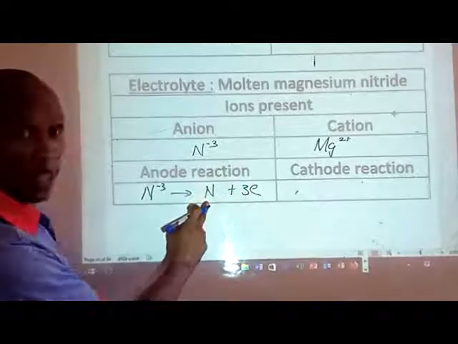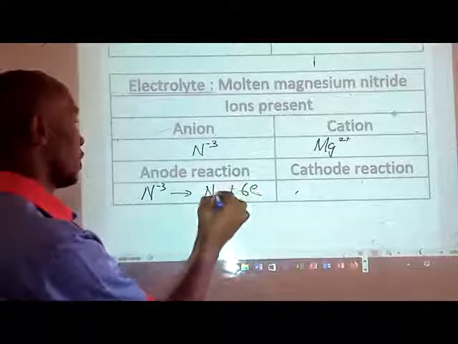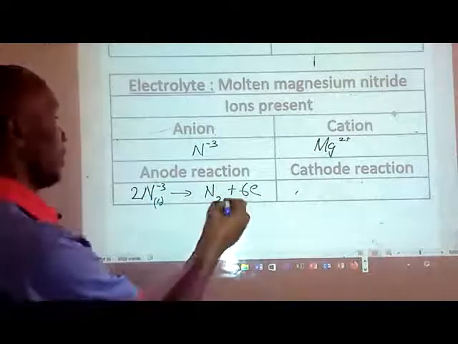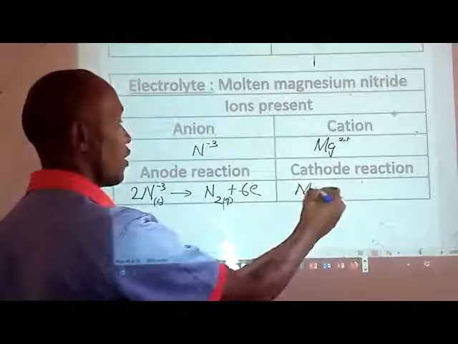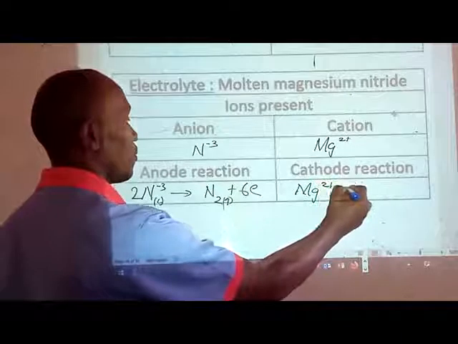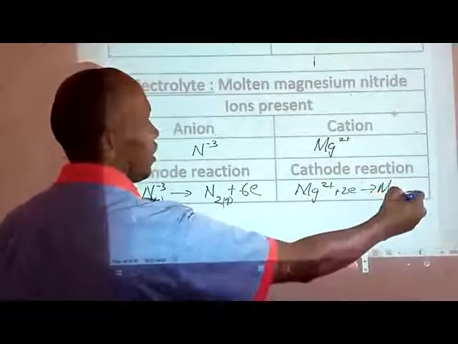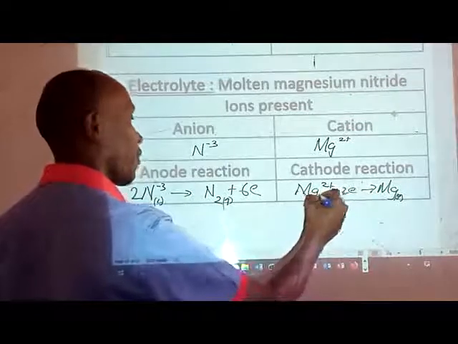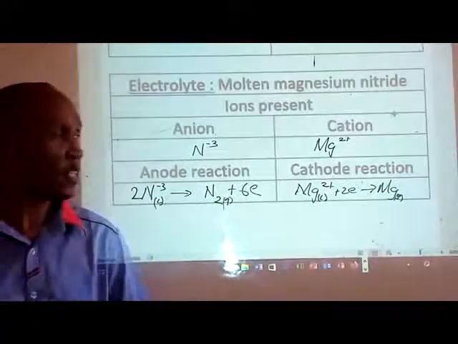Then this one does not exist, so multiply by 2. This is molten. That's nitrogen gas. The cathode reaction is Mg2+ plus 2 electrons to form magnesium, in a liquid state. That is basically it.